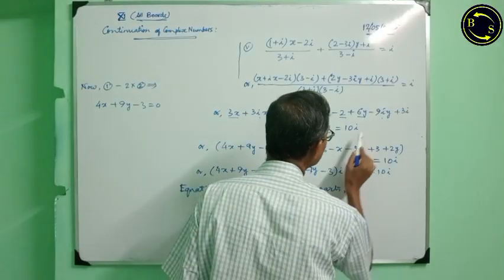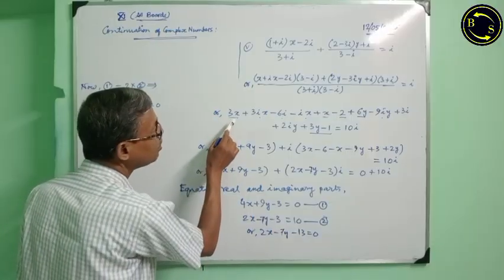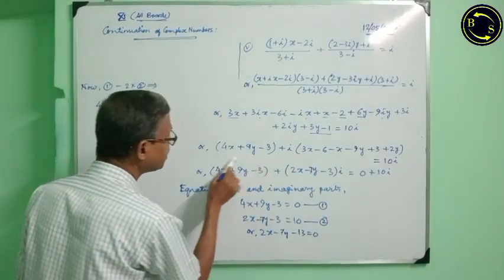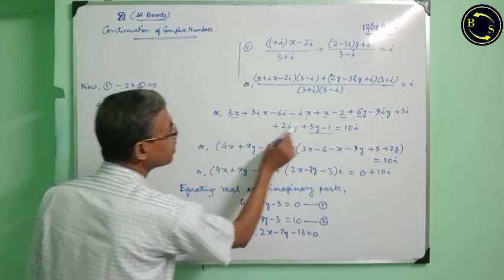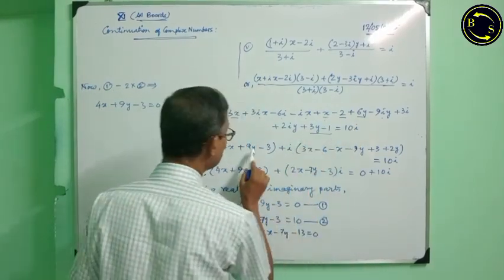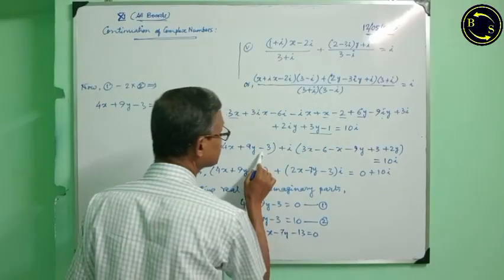10 into i, 10i. Then I have taken all the real x and y terms together. 3x plus x means 4x. Then 6y plus 3y, 9y. Then minus 2, minus 1, minus 3.